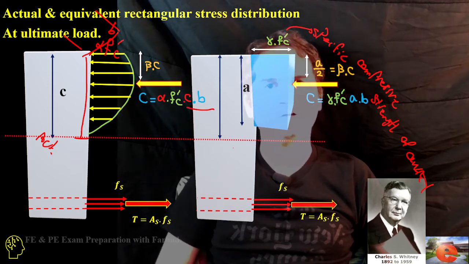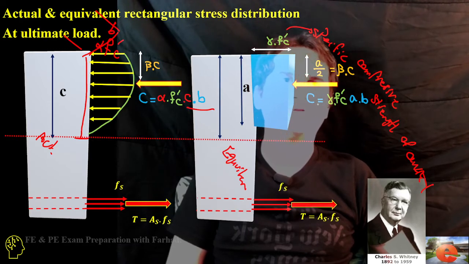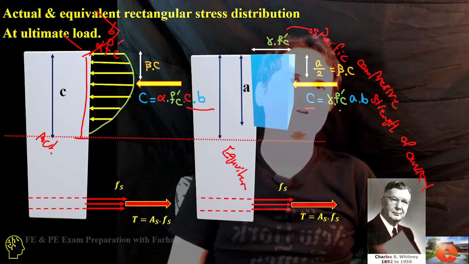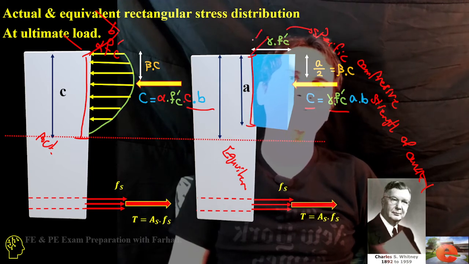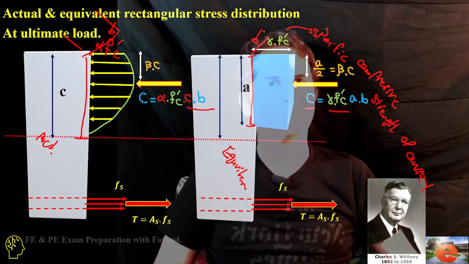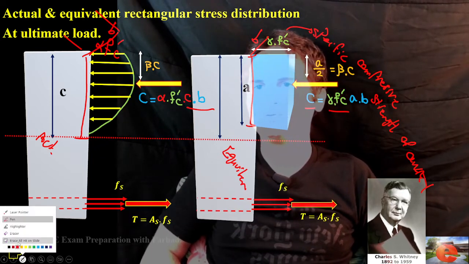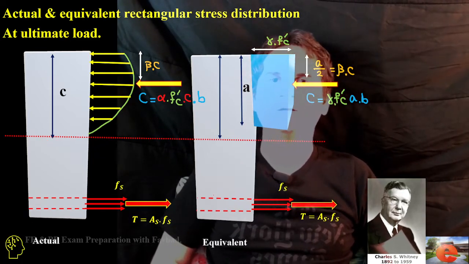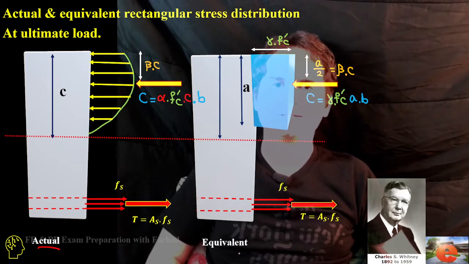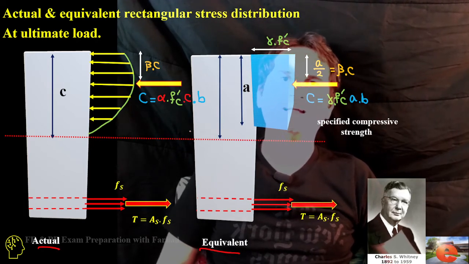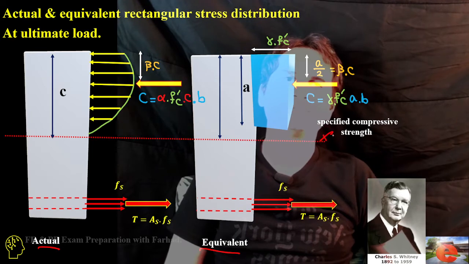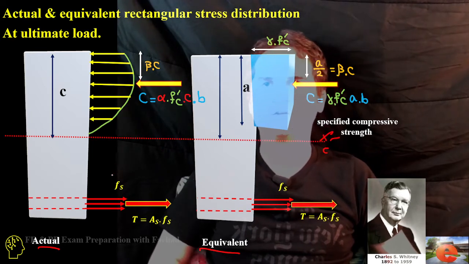And for the equivalent one, that's gamma F prime C. The compressive force is gamma F prime C times A, the height, times B, again the dimension into the board. And these two should be equal to each other, because this is the real and this is the equivalent. Again, F prime C is the specific compressive strength of concrete.